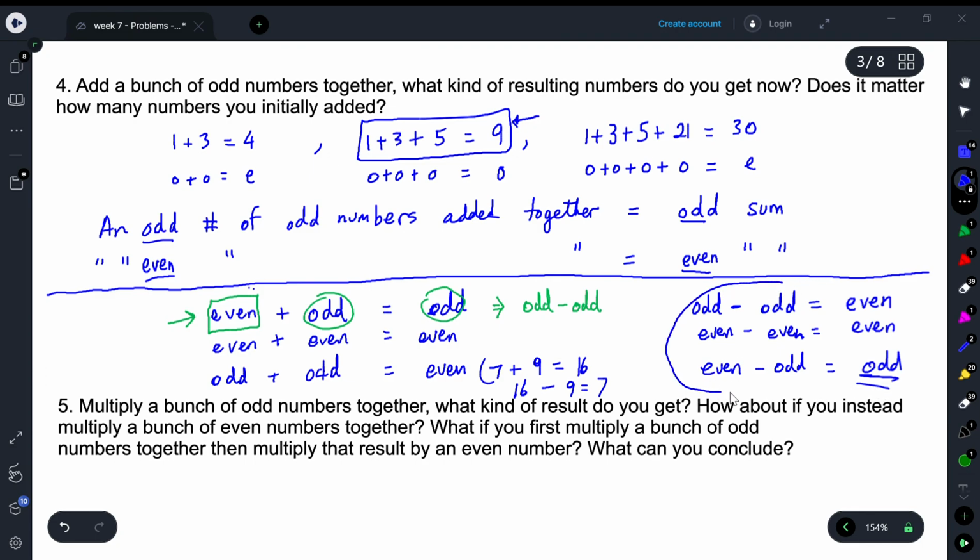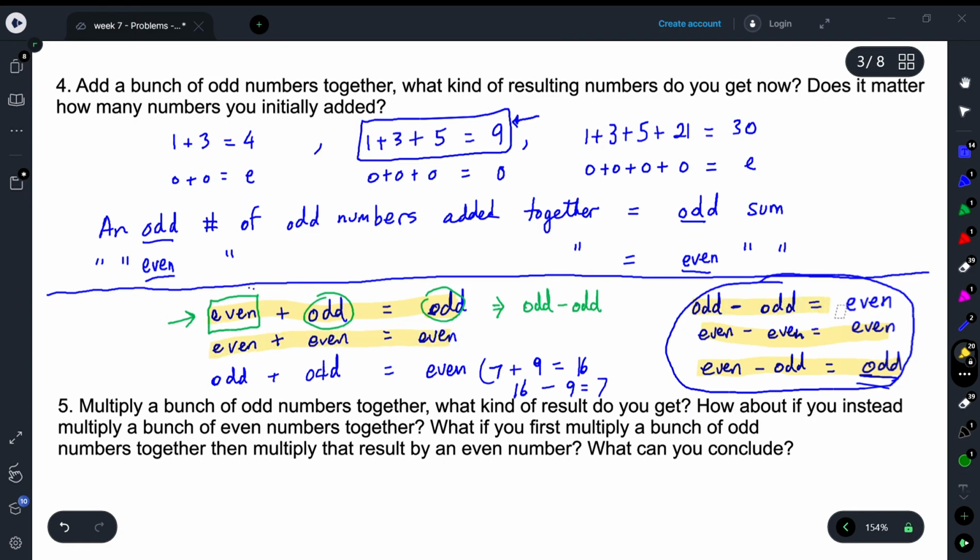So there's no great mystery here. In fact, these rules are exactly the same. If you look at them and compare them, even minus odd is odd. Even plus odd is also odd. Even minus even is even, and even plus even is also even.